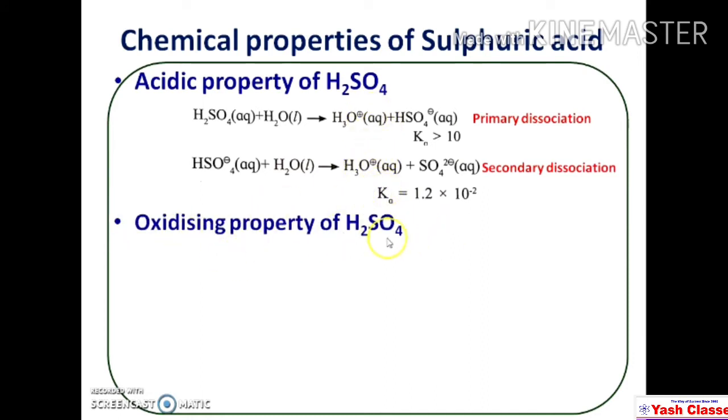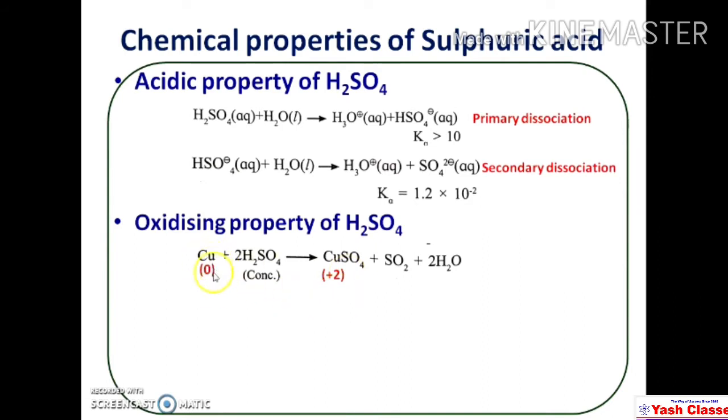Then the oxidizing property of sulfuric acid. Sulfuric acid acts as an oxidizing agent. Already I told you, as soon as it comes in contact with metal, it oxidizes the metal into its salt. For example, when copper comes in contact with concentrated sulfuric acid, there is an oxidation of copper into copper sulfate.